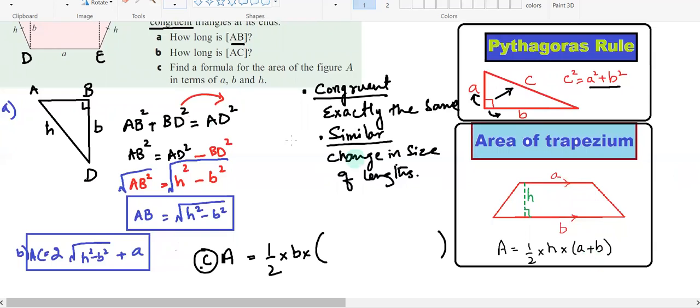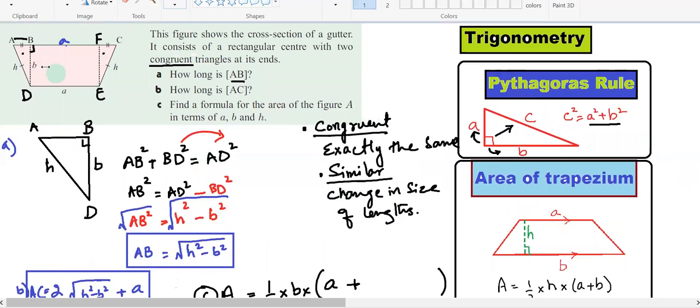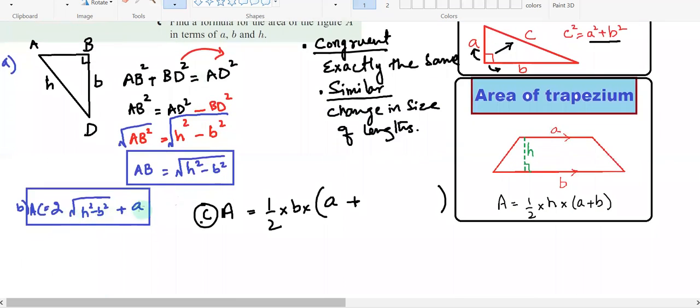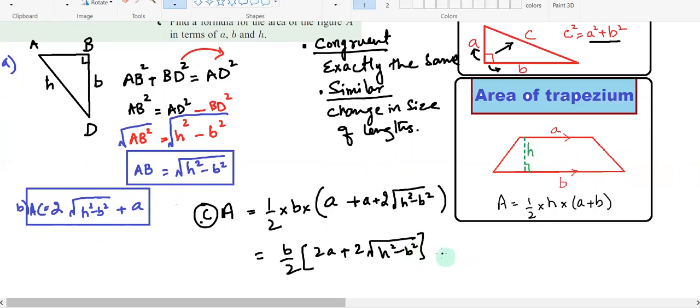Now look at the smaller side. The smaller side is A, while the longer side is the length AC, which we calculated in part B. The length A to C is all that: A plus 2 times the square root of H squared minus B squared. When you combine them, you get B over 2, then 2A plus 2 times the square root of H squared minus B squared. You may want to simplify that.